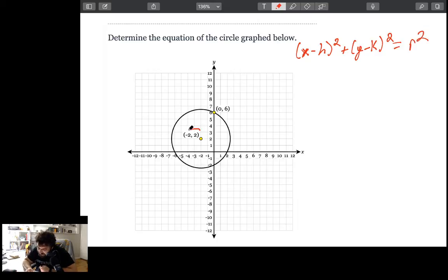My center is negative 2, comma 2. So I'm almost done with the whole thing. (x minus negative 2) squared plus (y minus 2) squared. I just need a radius. So make sure you get the first part before you do anything else.